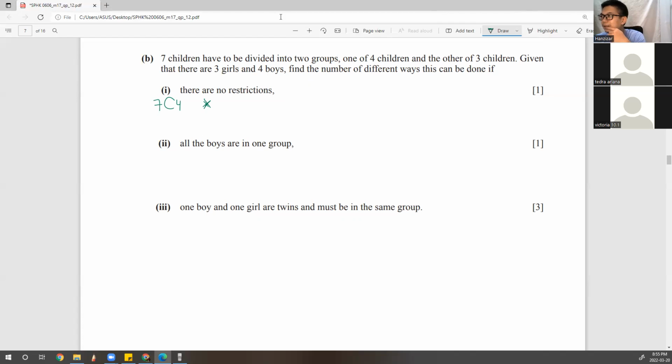Wait, give me a moment. Okay, wait, I have to think. Wait, it's very complicated. 7 children have to be divided into 2 groups, one of 4 children and the other of 3 children. Given that there are 3 girls, you don't mind the girls and boys because there are no restrictions.